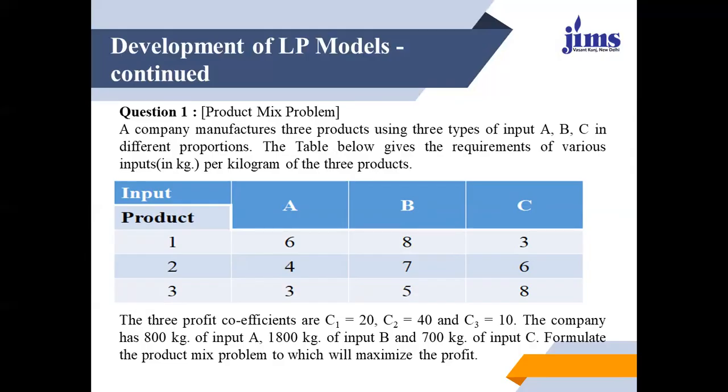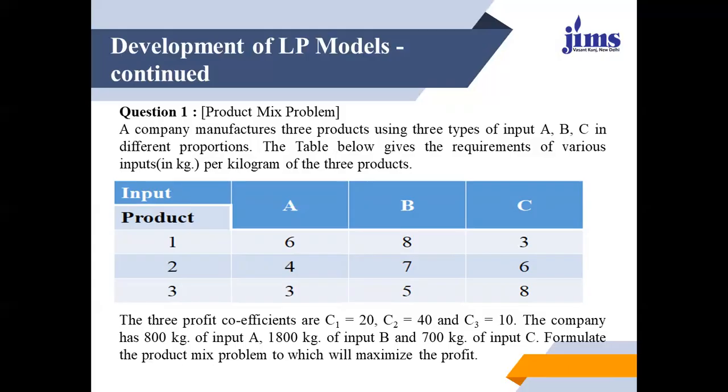This is like the nutrition problem as we discussed in the previous class. The three profit coefficients are C1 is equal to 20, C2 is equal to 40, and C3 is equal to 10. It means if you sell product 1, you get 20 rupees profit.